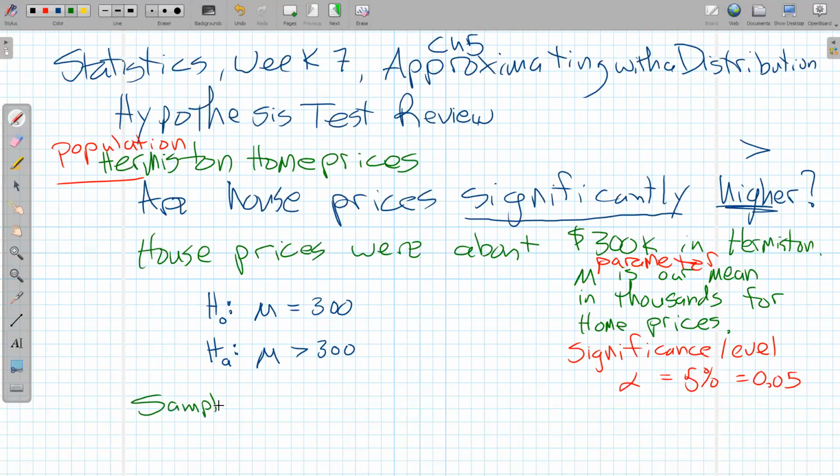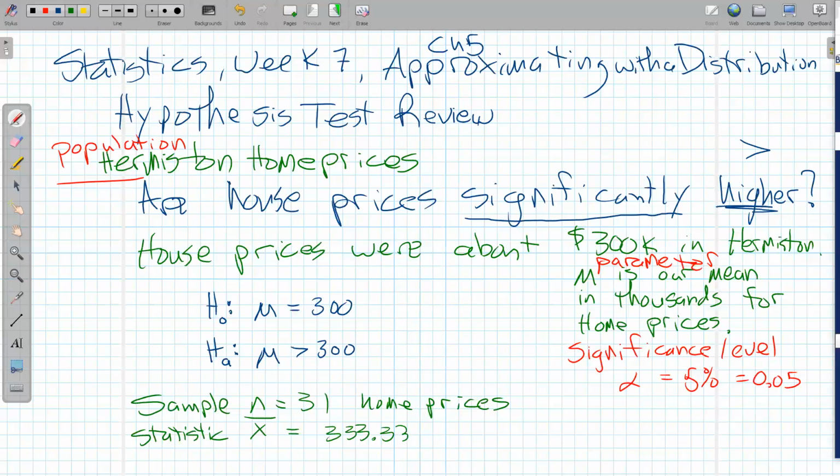Then we have a sample that I listed on the next page: n equals 31 home prices. That's the sample. I just want to be clear about all these things. And the statistic was that 333.33 average home price that we got.